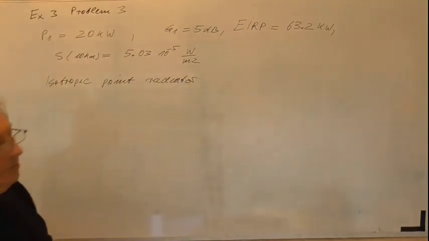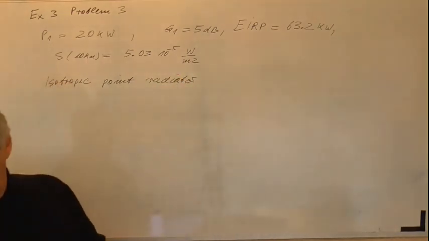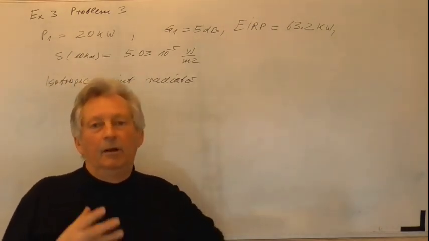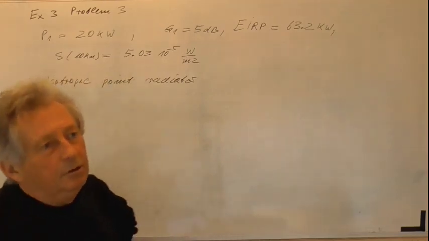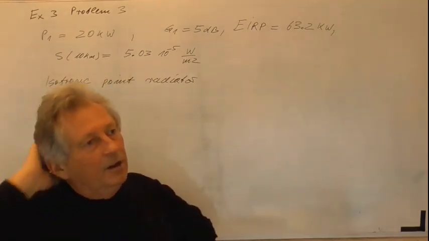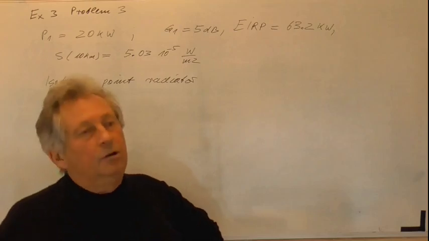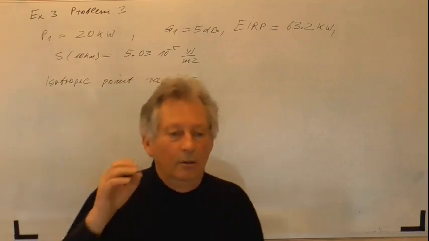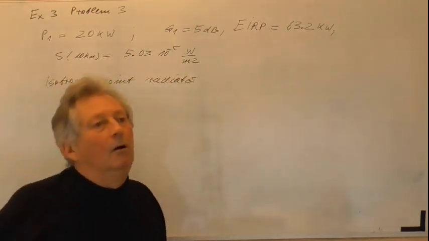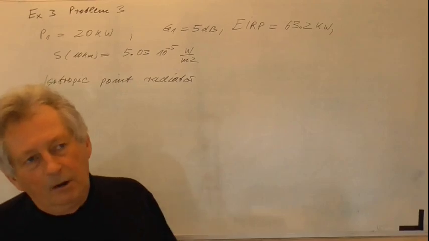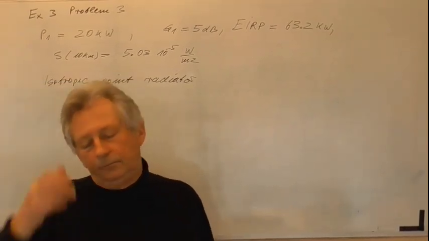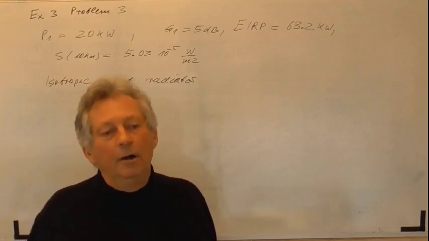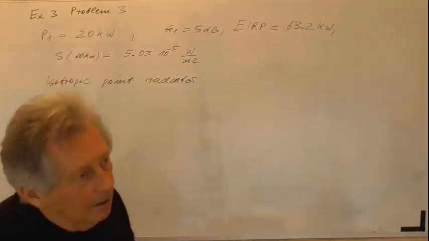Of course, the problem dealing with antennas is that if I really wanted to explain the behavior of the antenna from the physical point of view, I must go into Maxwell's equations and solve all these equations. And of course, this is very complicated, to really calculate how an antenna is radiating the power.